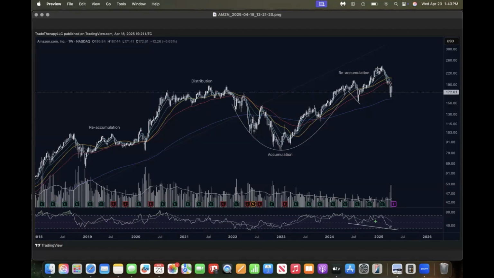But what we also see is this very sharp decline, this late stage reaccumulation shakeout that we've seen across all of the mega cap tech space and across the Mag 7. So this is the culmination of this reaccumulation process here.